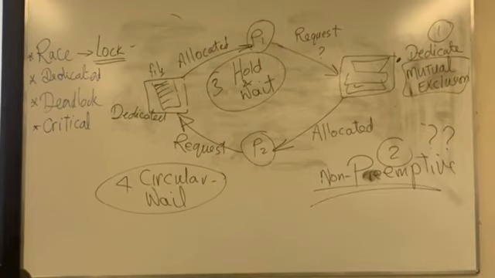So I need 2 resources. I got one, and I need the second one, but the second one is not available. Of course, I have to wait. But if I wait while holding on to the first resource, that's called hold and wait. I am allowed to hold a resource and wait for another one. If that's allowed in our system, then we're getting closer to a deadlock.